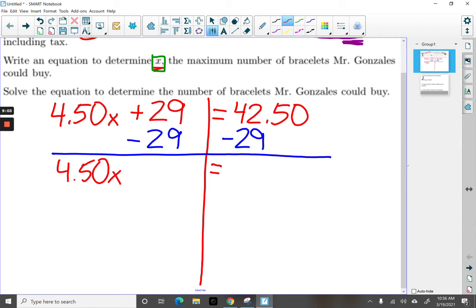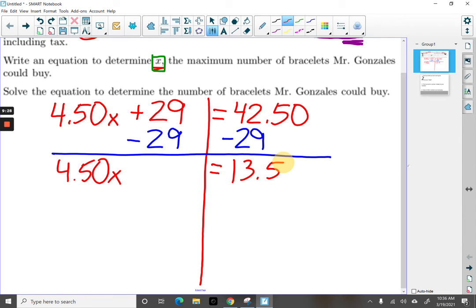Make sure you have your calculator ready, or you can solve this without a calculator. $42.50 minus 29 is going to change this side to 13.5. If you want to add on this 0 here, you can. But this is an equation, so we don't need it at this point. We can leave it as 13.5, and it will not change it.